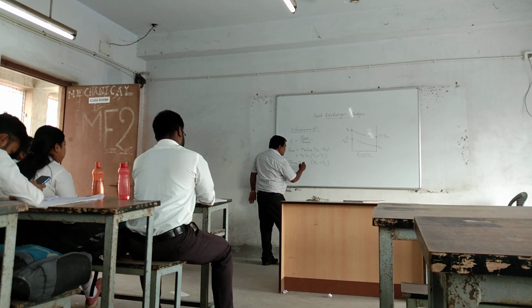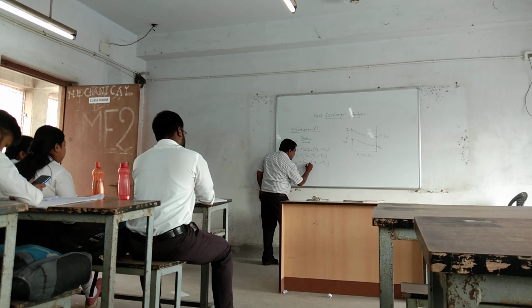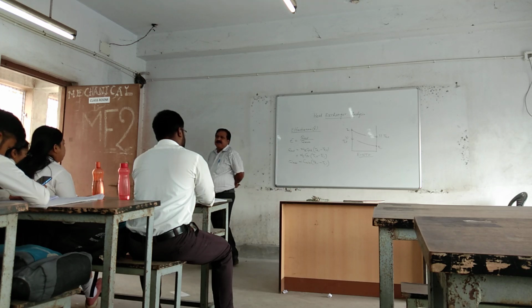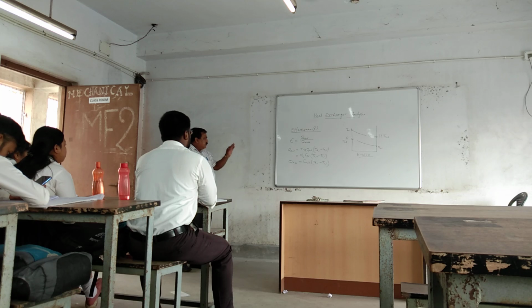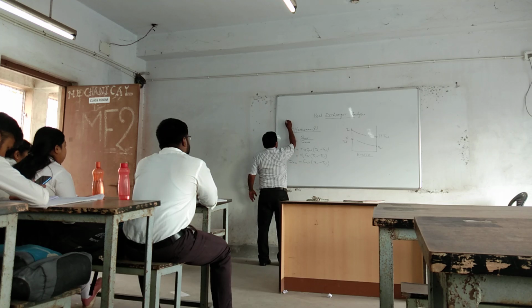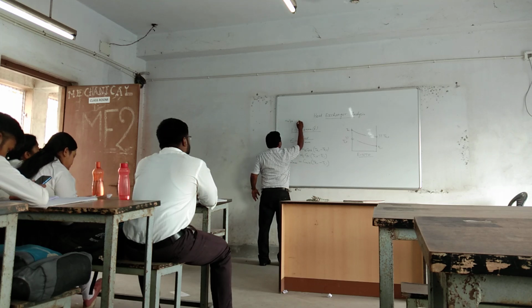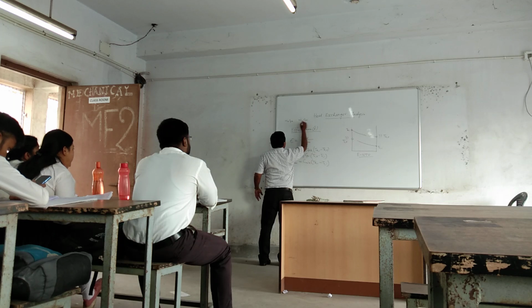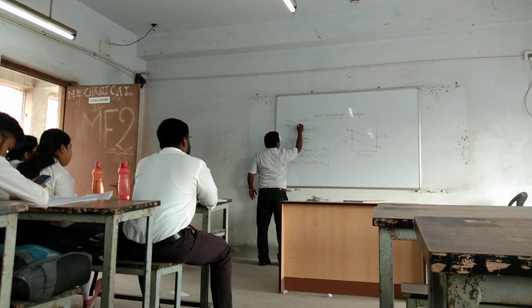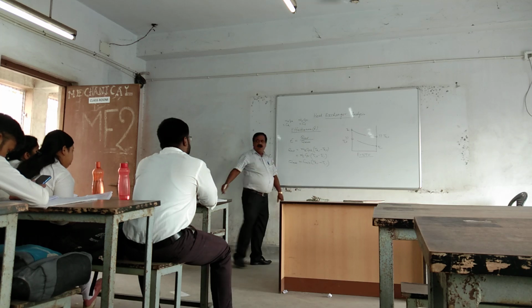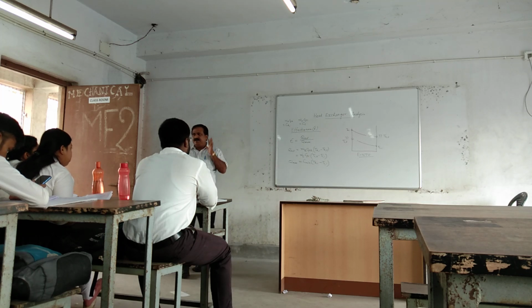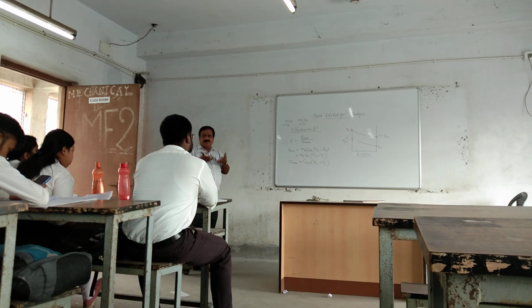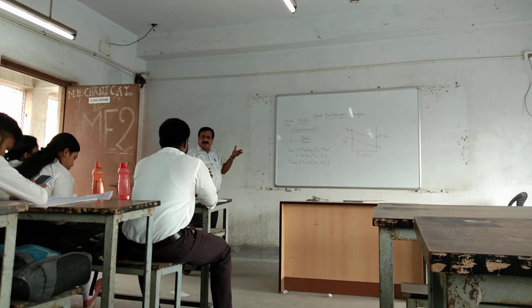So it will be C min times (THI minus TCI). We have m dot h Cph and m dot c Cpc. This is called CH, this is called CC. Out of this, which one is minimum? That is called C min. If the heat capacity rate is minimum, then the temperature difference will be maximum. To get the maximum temperature difference, we have to take the minimum heat capacity rate.